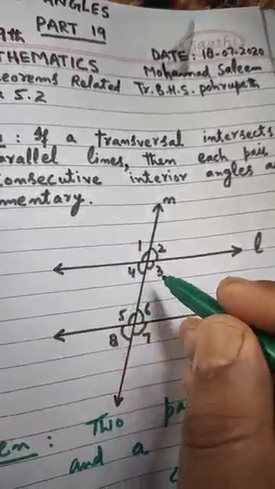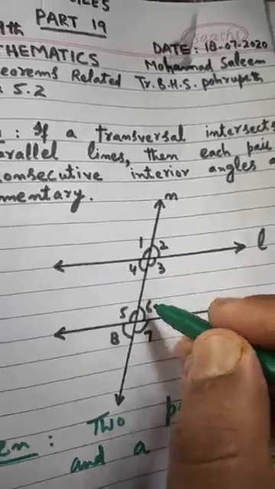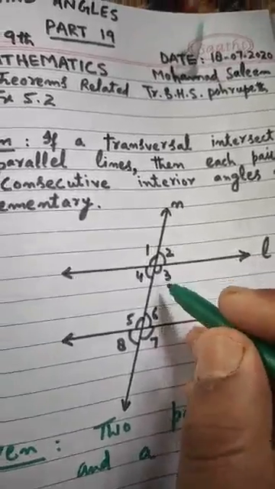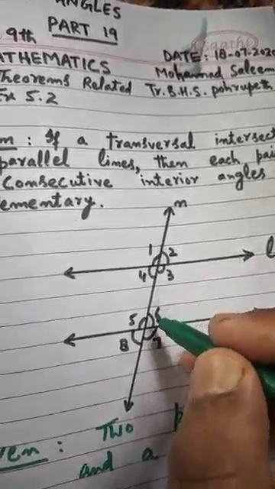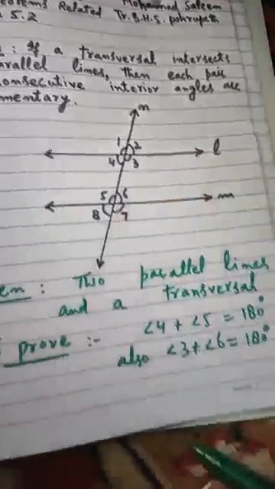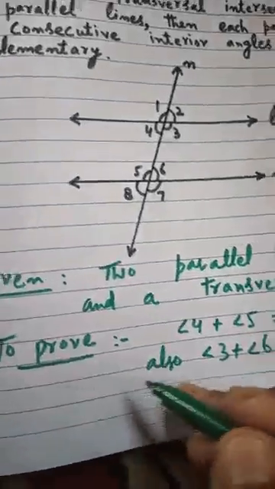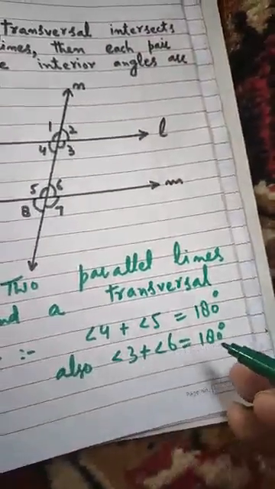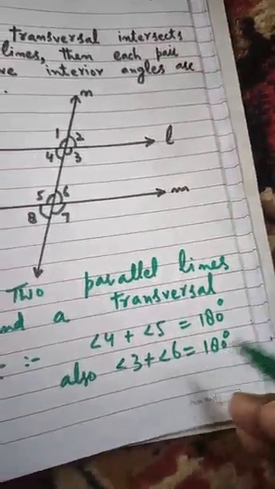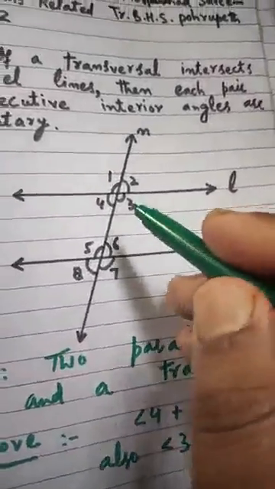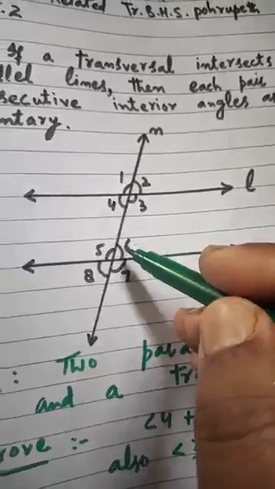Now we are going to prove that another pair of consecutive interior angles is also supplementary, that is angle 3 plus angle 6. We have to prove that angle 3 plus angle 6 is equal to 180 degrees. Now let's see angle 3 and angle 6.